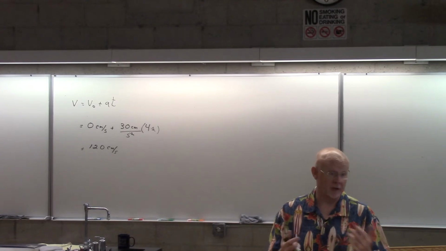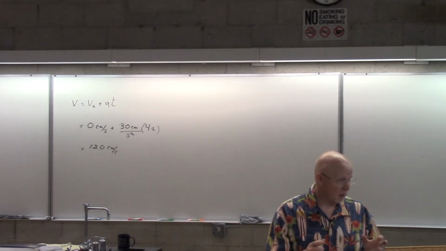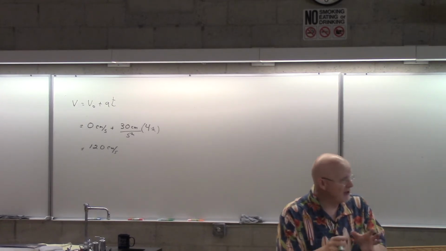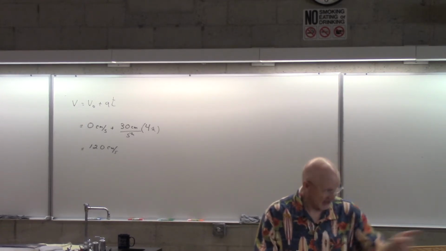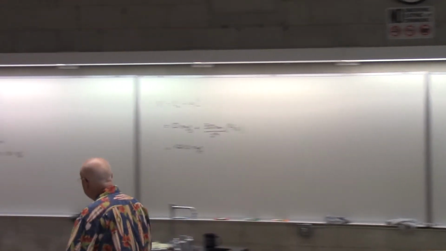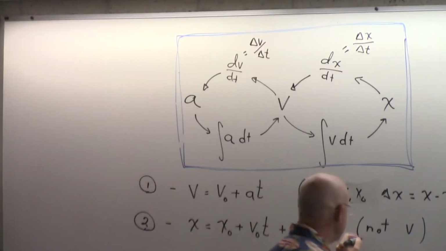Now, that doesn't mean we can't figure it out. But what equation should I use would be the equation that is missing final speed. And as you're pointing out, number 2, right? Number 2 right here does not have the final speed.